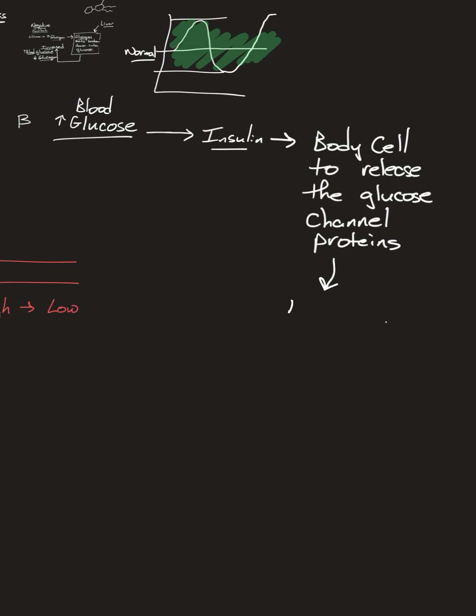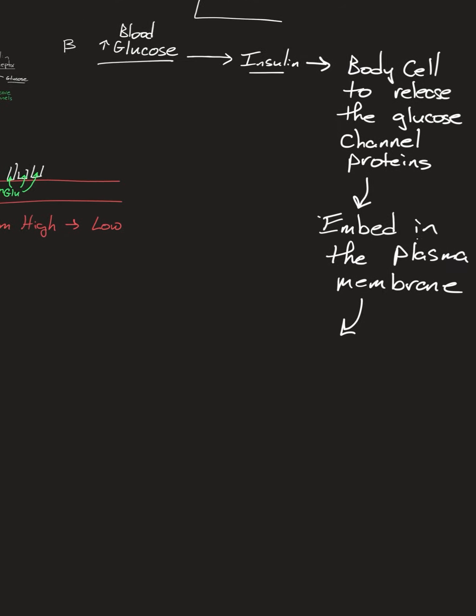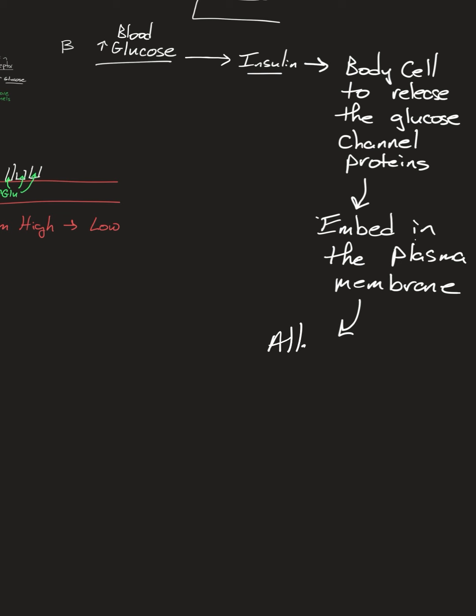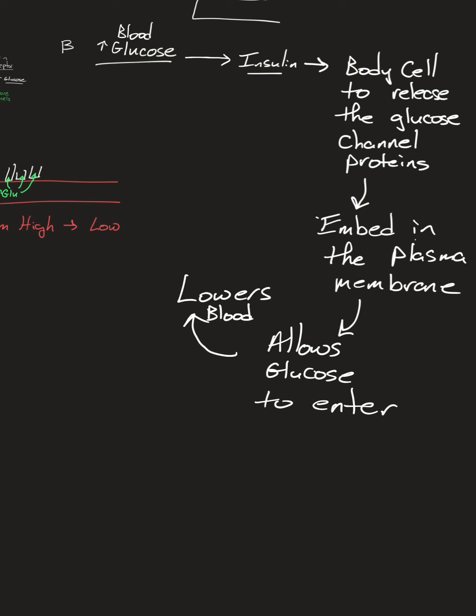Those channel proteins embed in the plasma membrane, which then allows glucose to enter, which then lowers blood glucose, right?